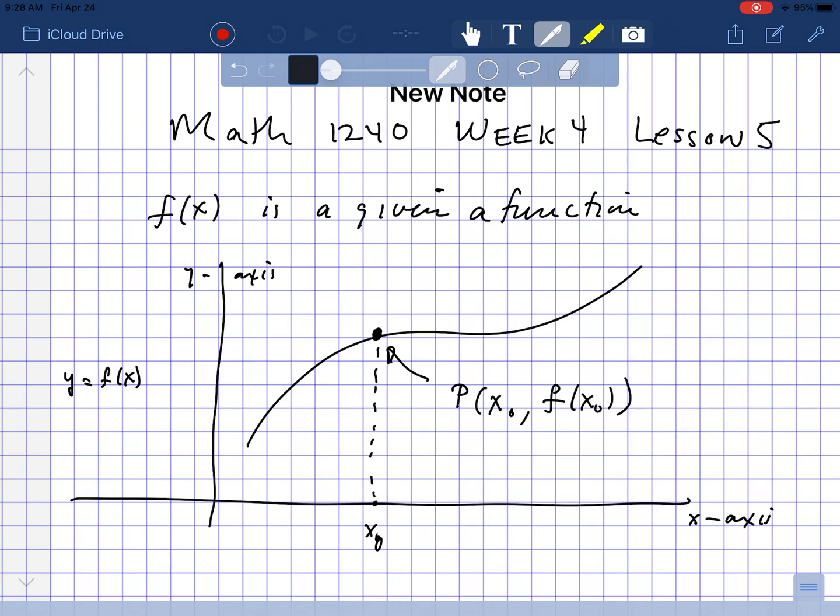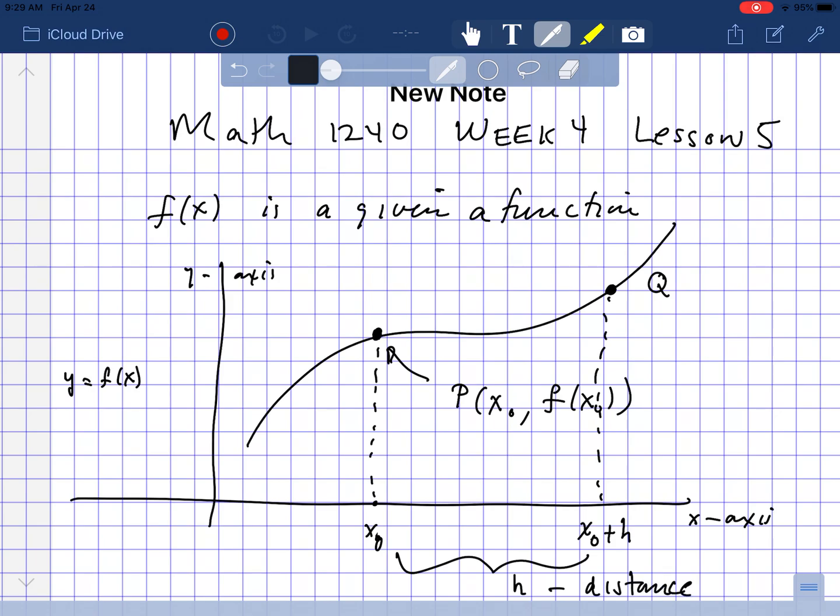And suppose I take another point out here. This is going to be a point Q. And the x-coordinate of the point Q I'm going to write as x sub naught plus h. So the way I have this drawn, h is some positive number. So I have the distance between these 2 points is h.